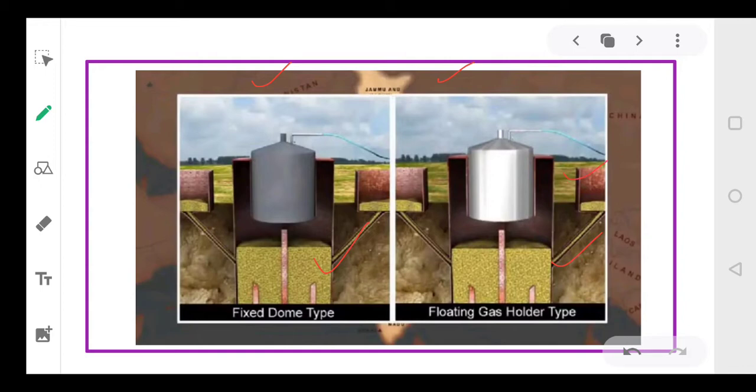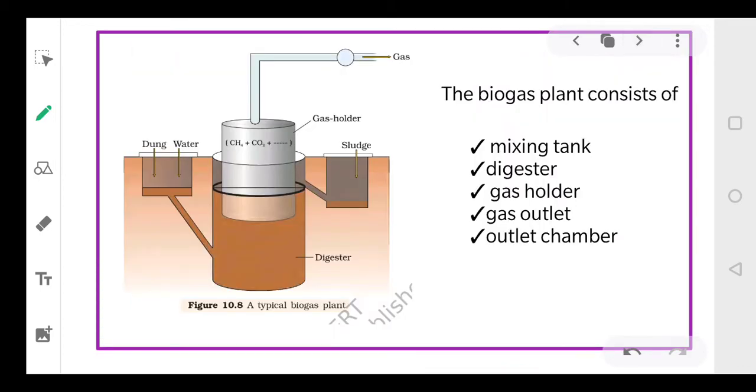This biogas plant consists of a mixing tank, a digester, a gas holder, a gas outlet through which the gas will be supplied, and an outlet chamber. So the biogas plant consists of 5 basic components.